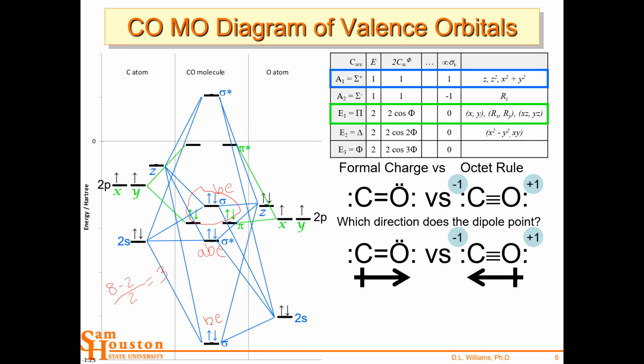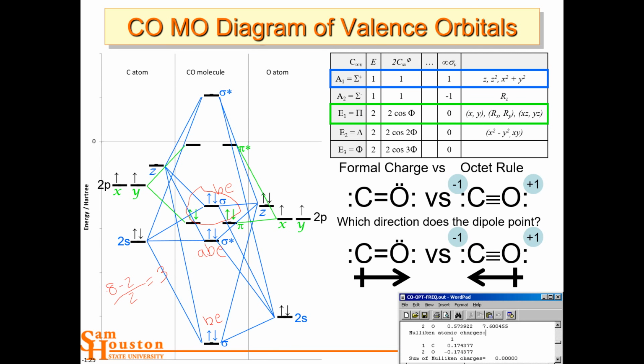Okay. But we do the Gaussian calculation, and it tells us the partial charges on oxygen and on carbon. So we could dig through the Gaussian file and see that the oxygen is slightly negative. So now this is crazy, because what does the MO diagram tell us?